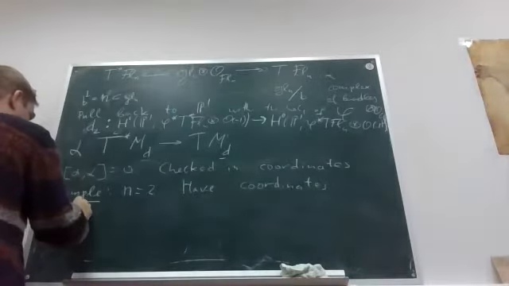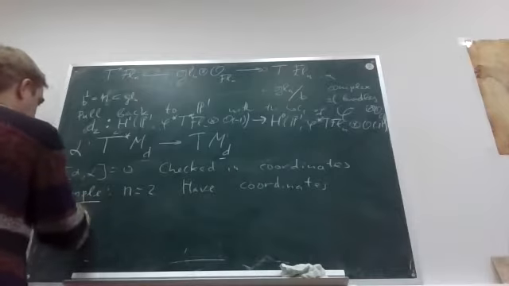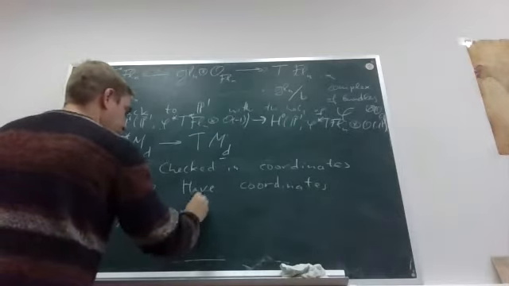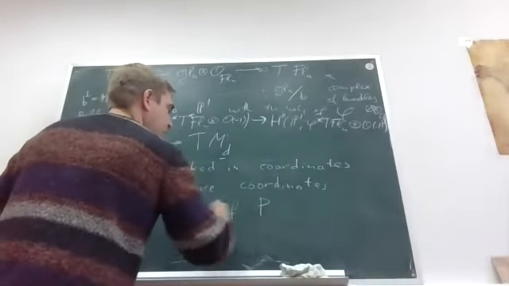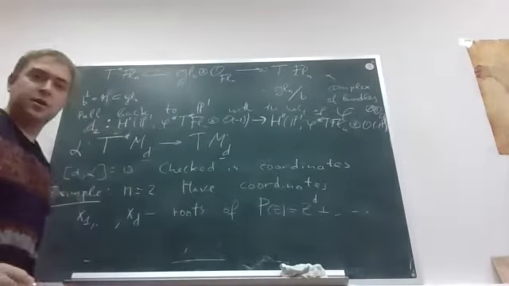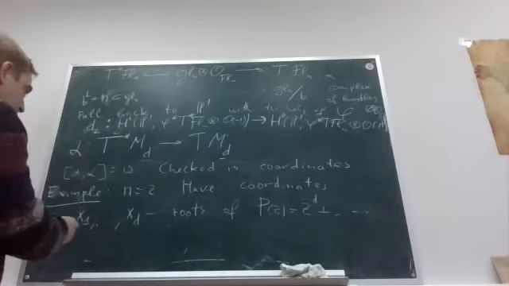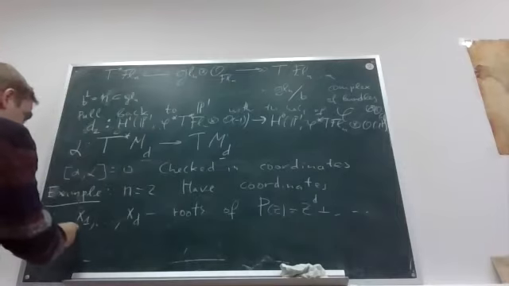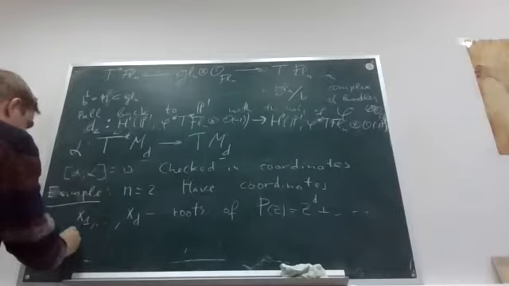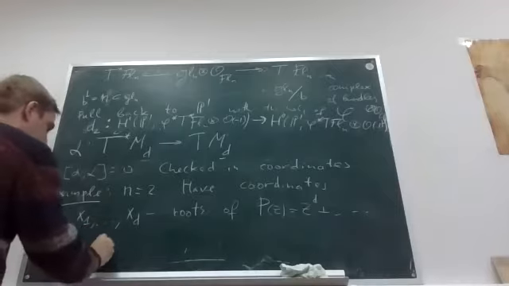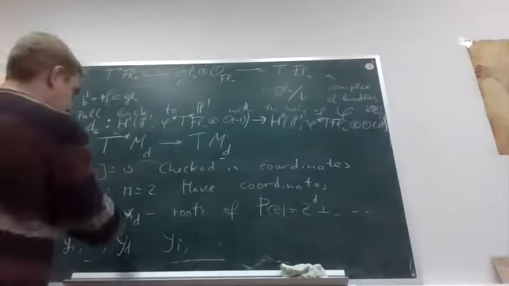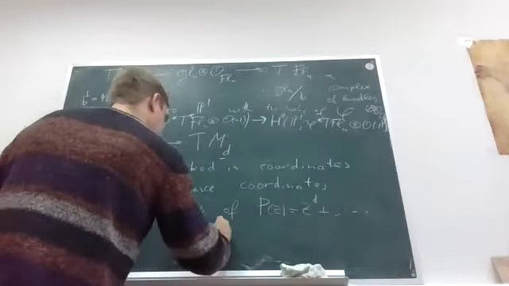So x_1 to x_d are the roots of the polynomial p, and another complementary set of coordinates is y_1 to y_d, being the values of q in these roots.